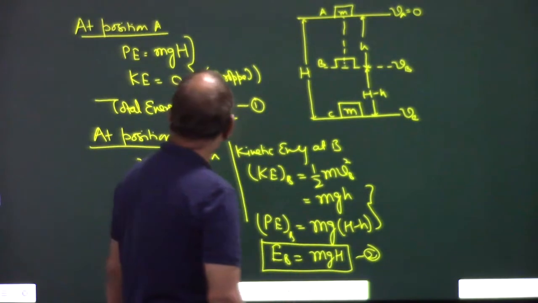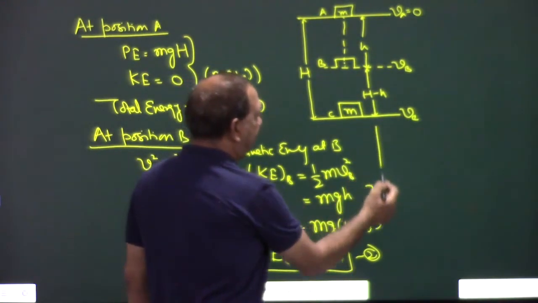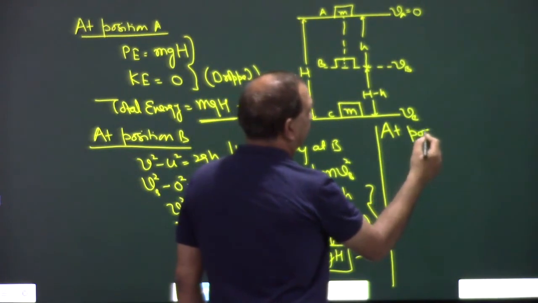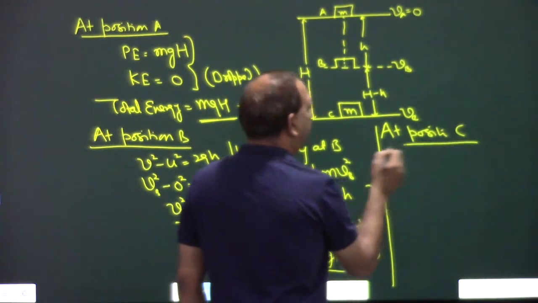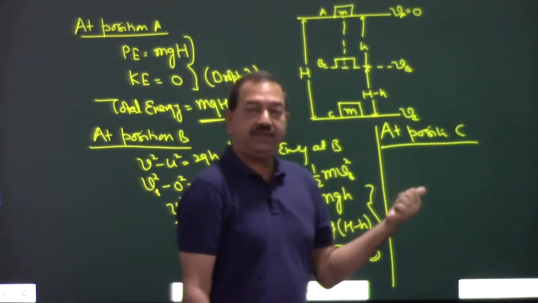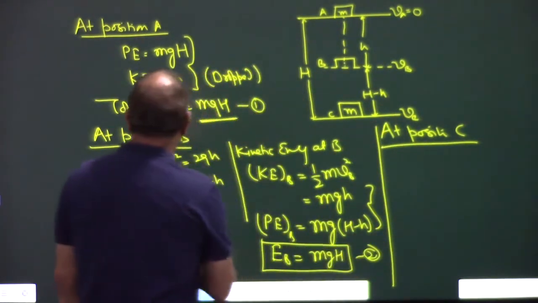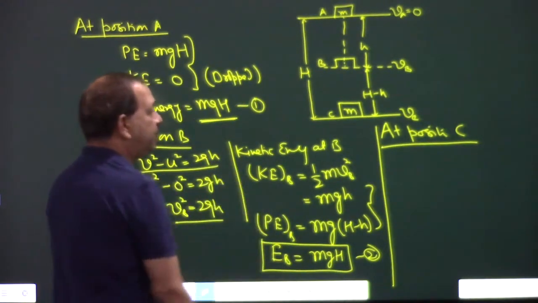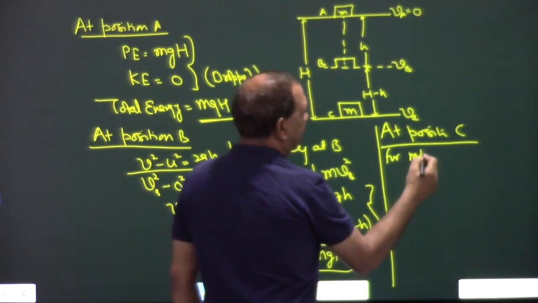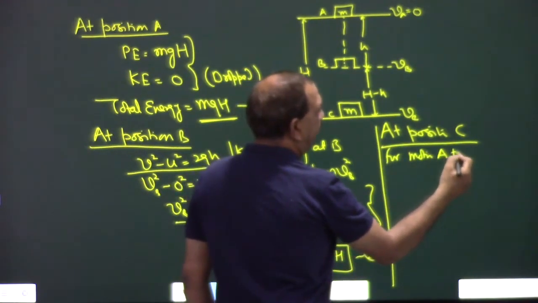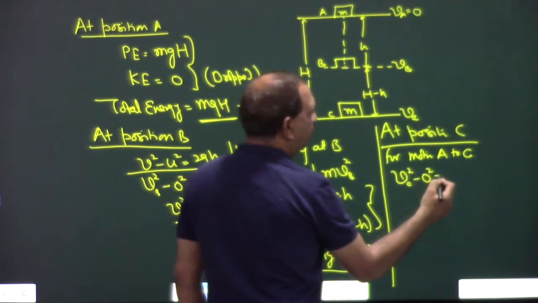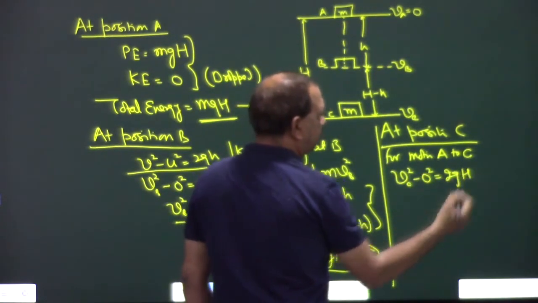Let us find out at position C. First we need to find out the speed, so speed at position C is vc. Using the same equation, v square minus u square, for motion A to C, vc square minus 0 square is equal to 2gH.